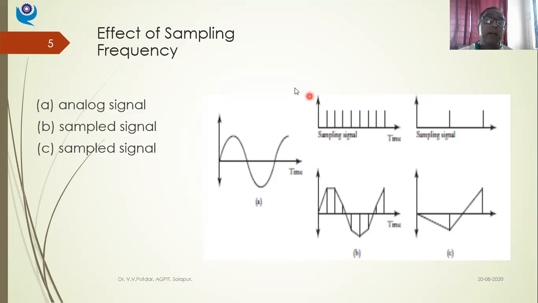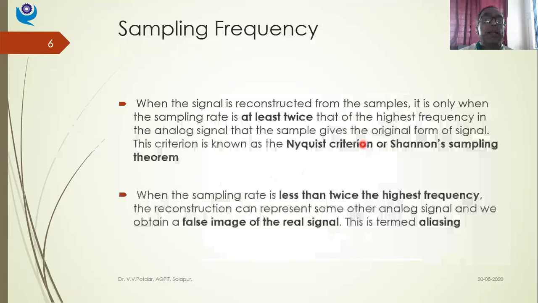So the effect of sampling frequency is very important, because while designing any A to D converter, the clock that I'm going to select should have appropriate sampling frequency, minimum twice the analog signal. That's what is written here. Let us quickly go through it. Please be attentive.